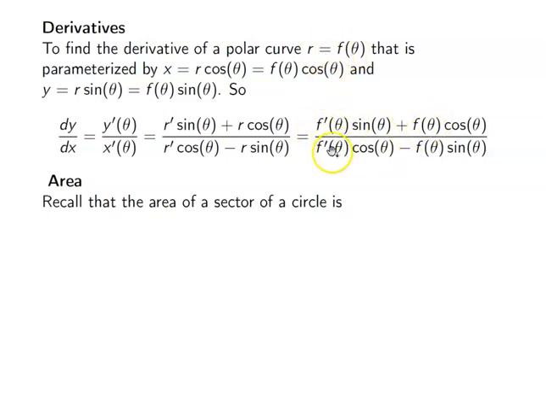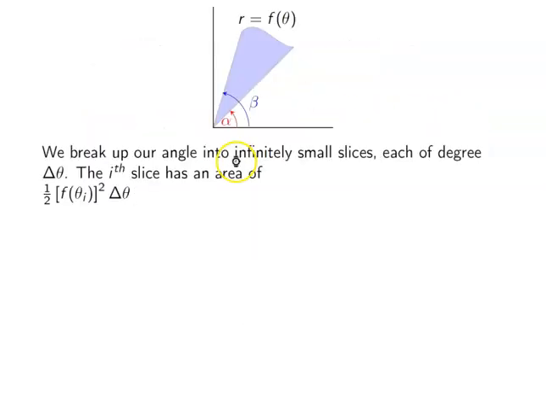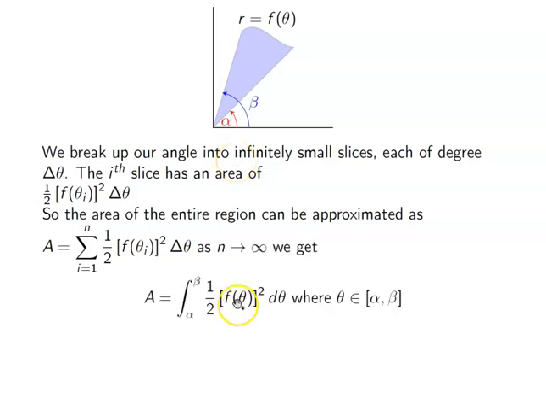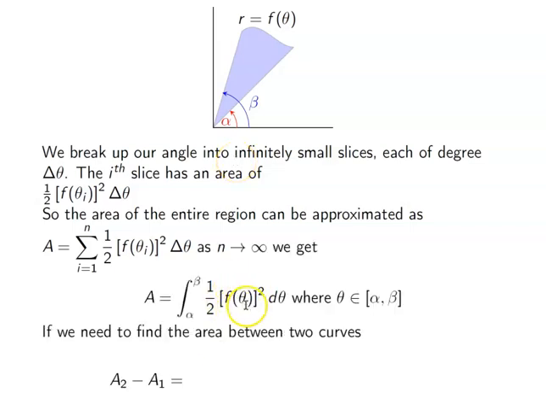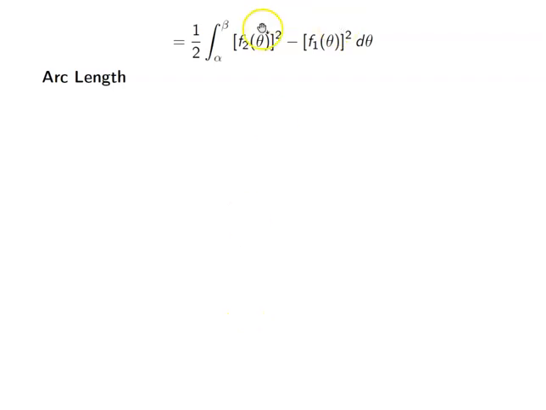My function, my function, my function. I'm using this y prime, x prime stuff in order to figure out what extra stuff I need, the sine theta, cosine theta stuff. But everything is in terms of my function, not in terms of r sine theta. Well, it is r sine theta, but I'm using my function here. For area, my area formula is based on the function I'm given as well, even for the difference of area.